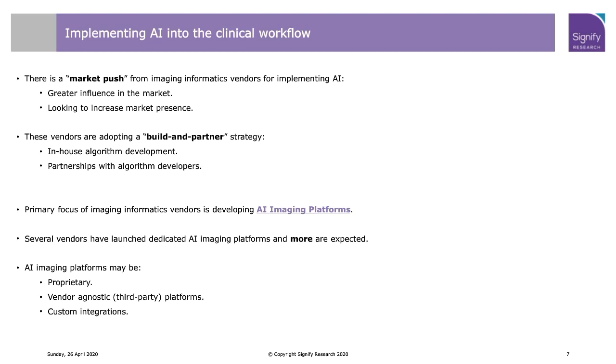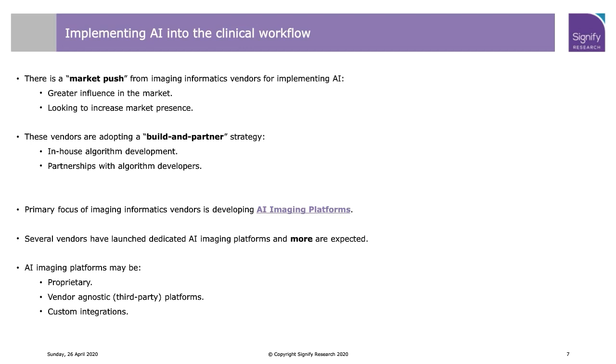The second strategy that imaging informatics vendors have adopted is developing AI imaging platforms. Some vendors have launched the first generation of these platforms, and we expect more to follow. Vendors, however, have adopted different strategies. GE HealthCare's platform, the OpenAI Orchestrator, is a proprietary solution.